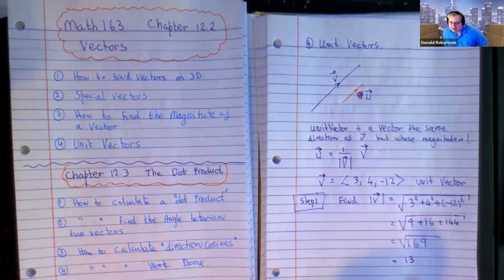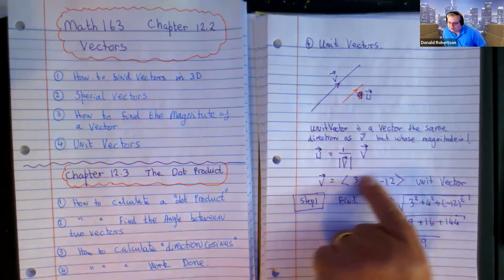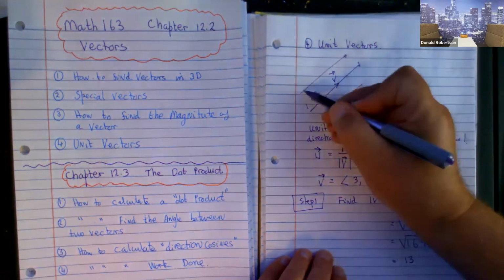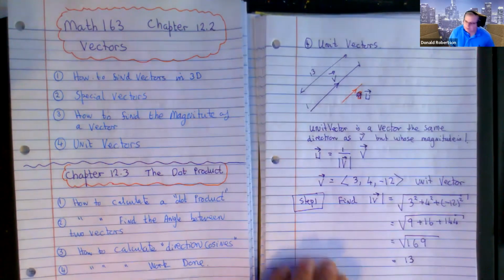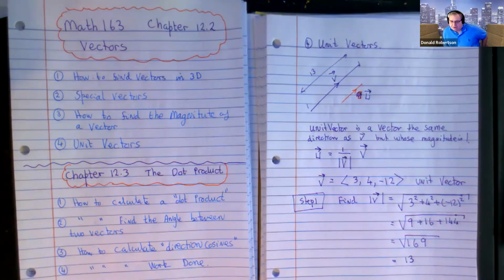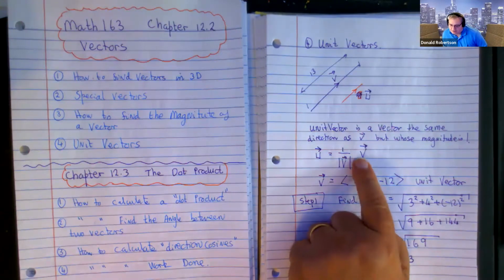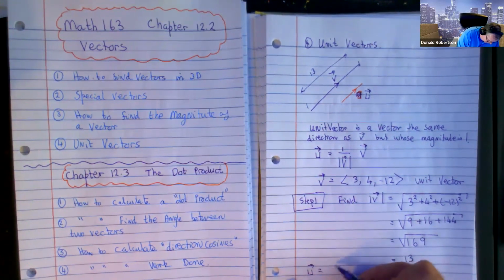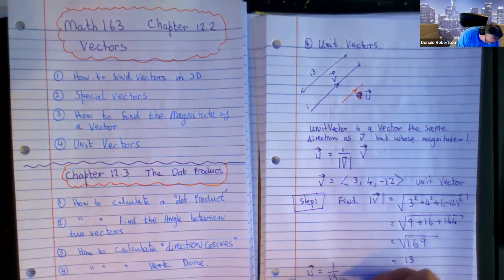The length or magnitude of this vector is 13 units long. So can you imagine from here to here is 13 units long. Now, if you want to find a unit vector, all you need to do is find this guy here. So the unit vector is going to be 1/13 whatever vector V is.